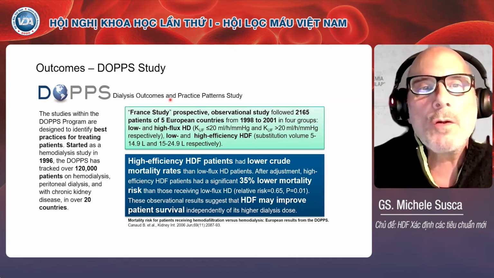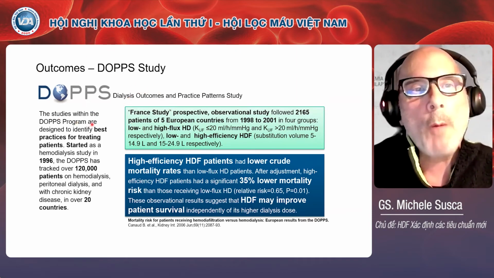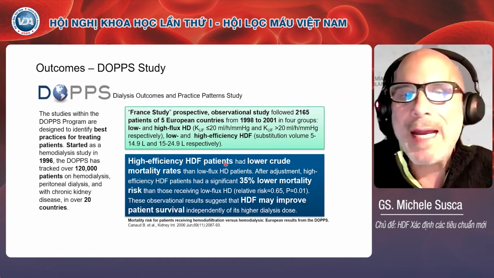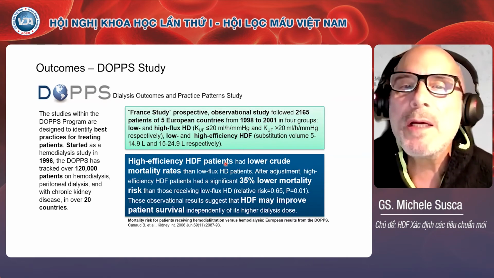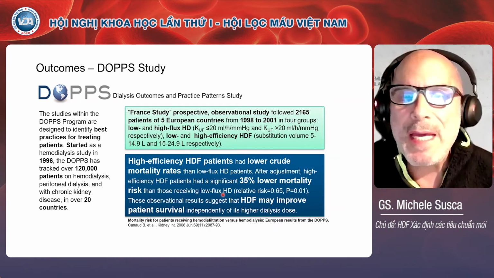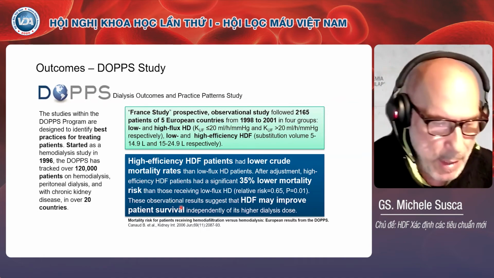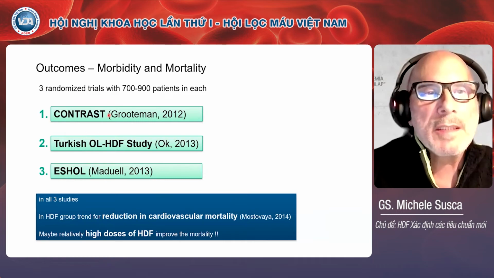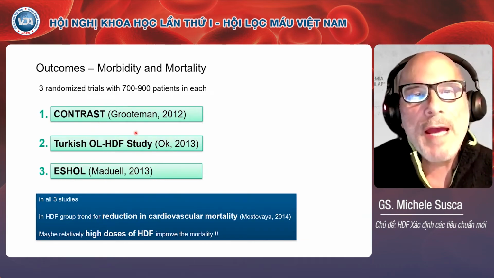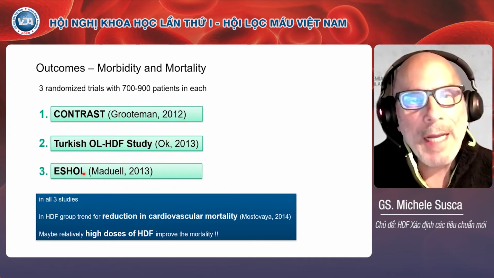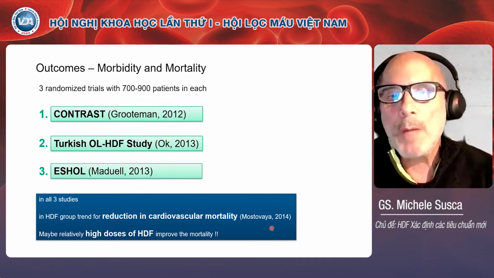Different studies, like the so-called French studies within the DOPS program in Europe, all come to similar results. HDF may improve patient survival. Other important studies are, for example, the CONTRAST study, the Turkish online HDF study, the ESHOL study done in Spain, and so on. These all come to similar results.